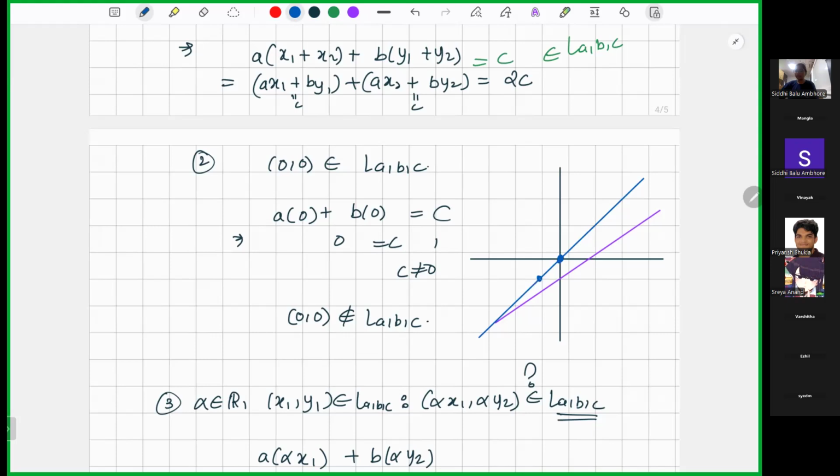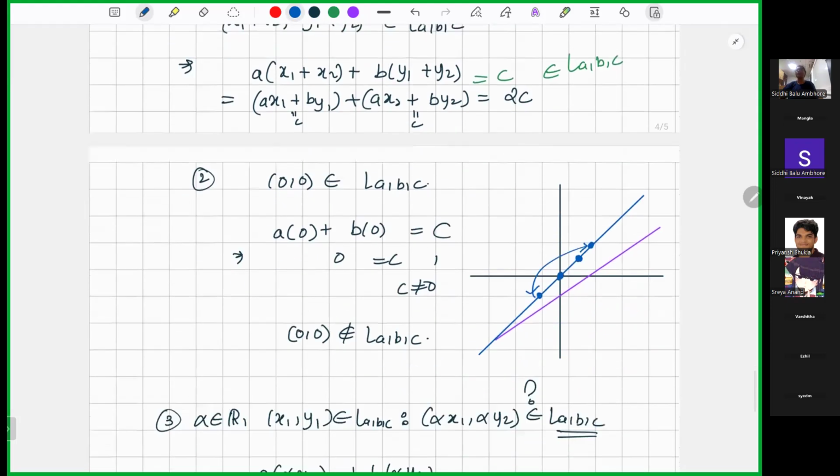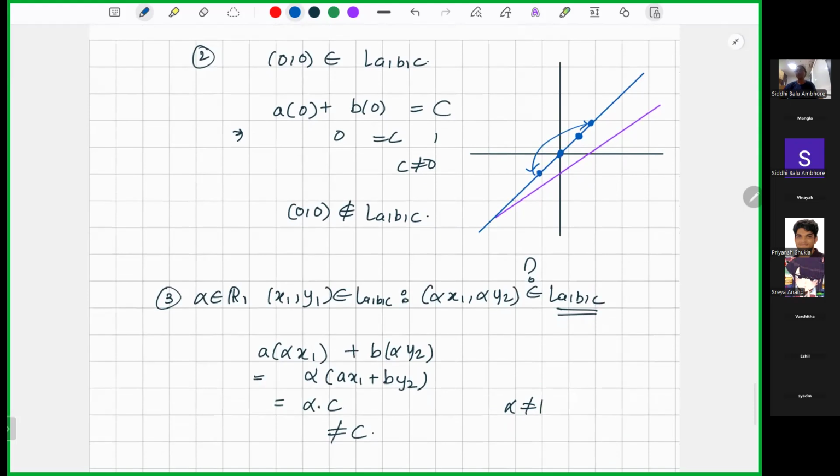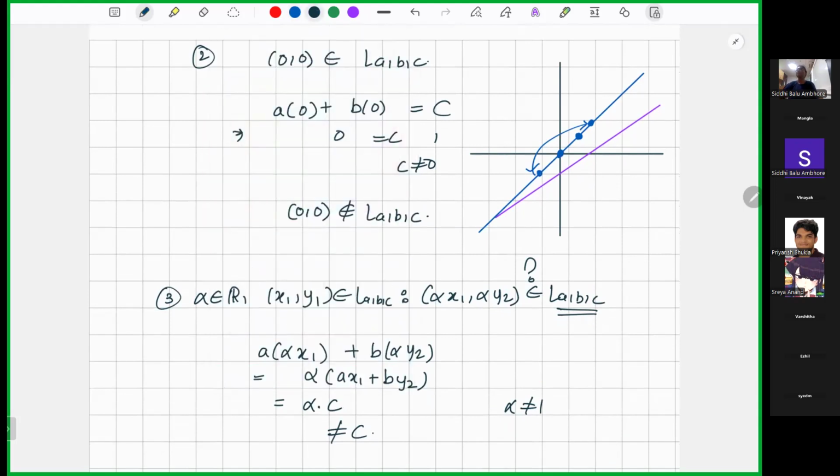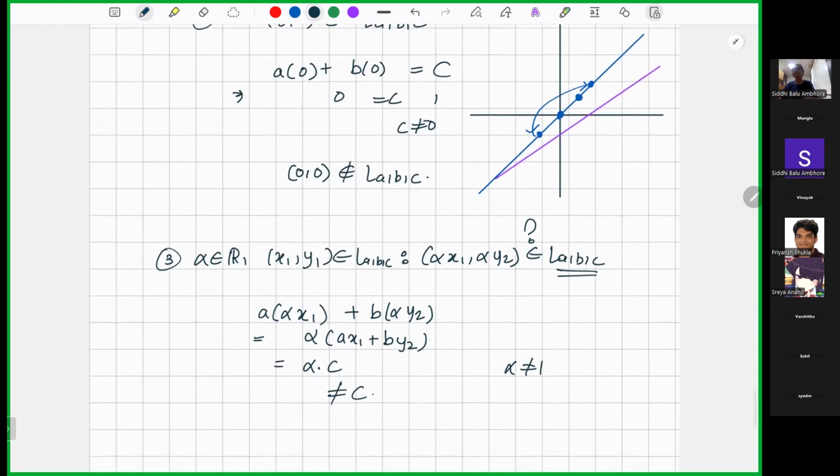And if I take any 2 points and add them, they will still land on the same line, maybe somewhere here. So that's why once it passes through 0, it satisfies all the properties for something to be a subspace. But if it does not pass through 0, we just saw that it does not satisfy the properties for a subspace of R2. Is this clear?